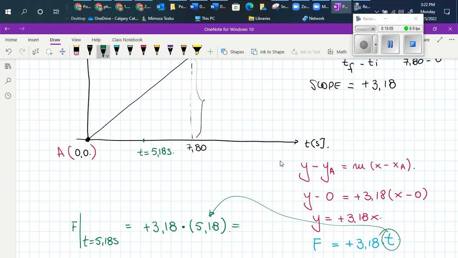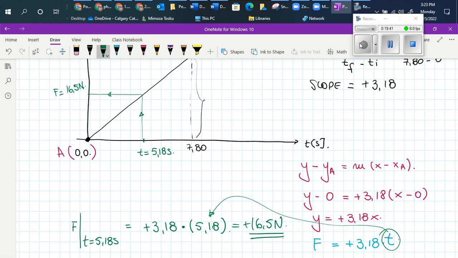So 3.18 times 5.18, we will have a force with a value of 16.5 newtons. So this will be positive 16.5 newtons.